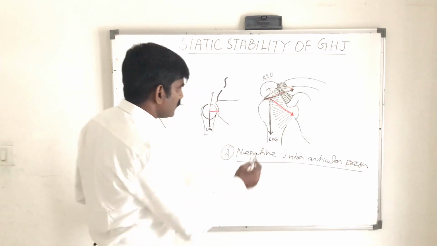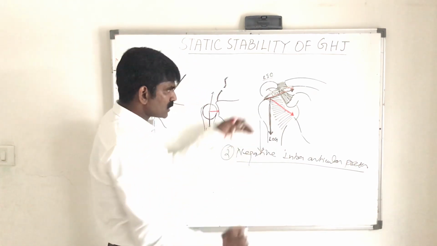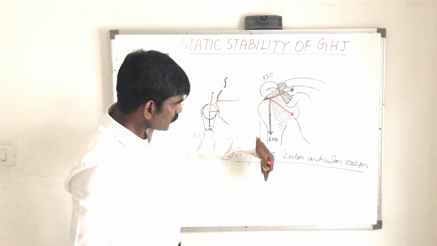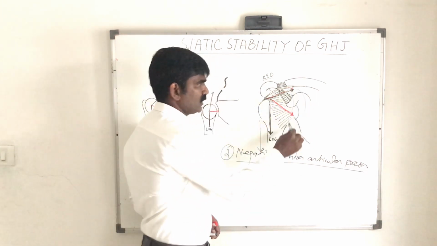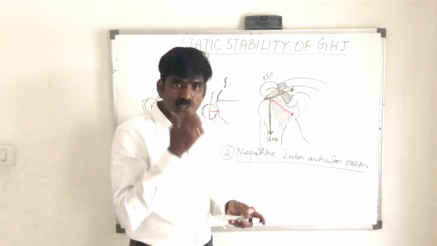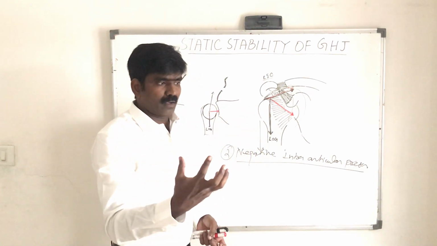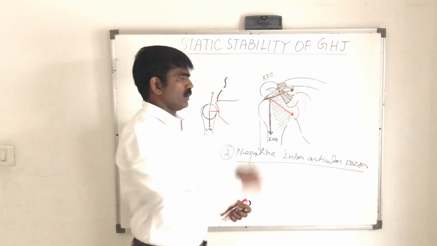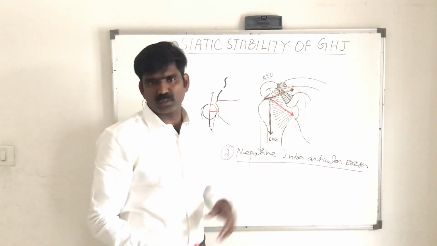So when, due to gravity, the glenohumeral joint acts in a downward direction, what will happen? This negative pressure which is present within the joint prevents or resists the downward glide of the humerus at the glenohumeral joint.